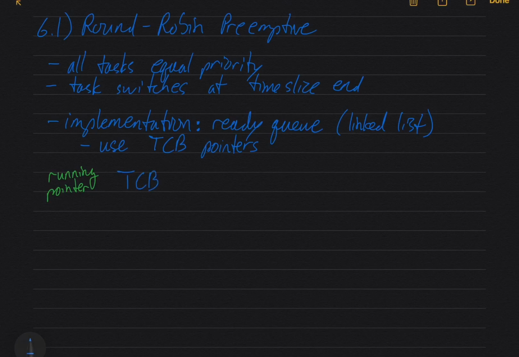So say the task control block type has been typedef'd to TCB. It's a struct. So we got a pointer, we'll call it running, and it's going to be pointing to the task control block of the currently executing task.